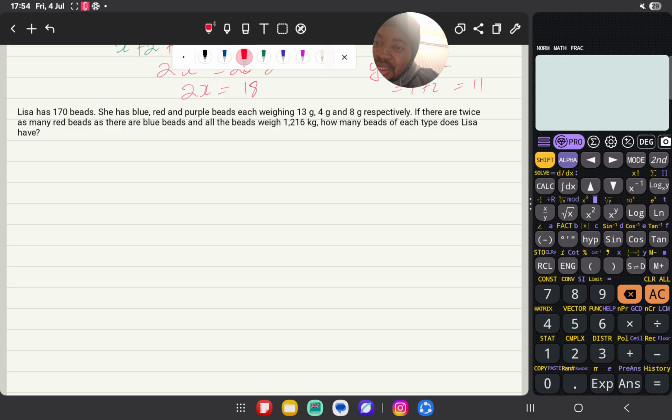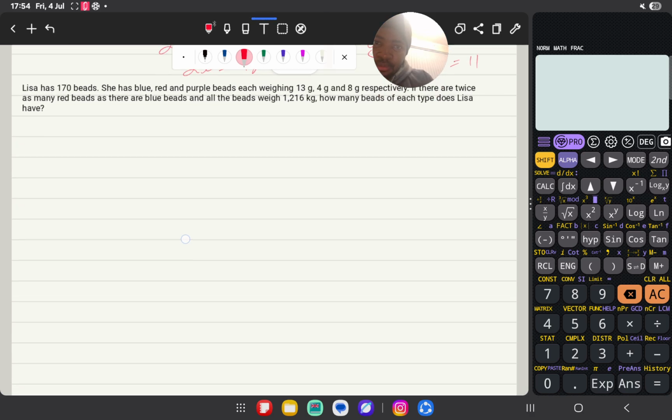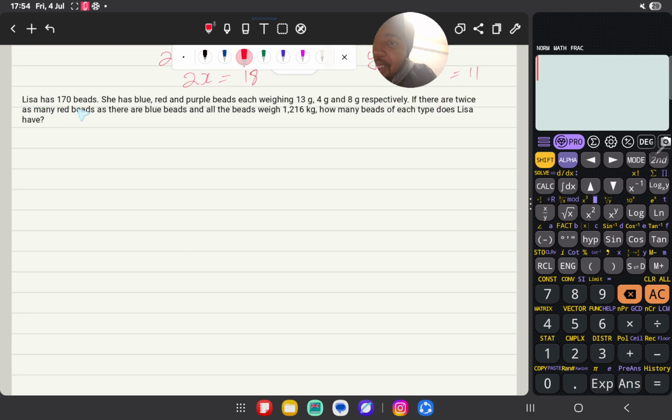Lisa has 170 beads. She has blue, red and purple beads. Each of them weighs 13, 4 and 8 grams respectively.